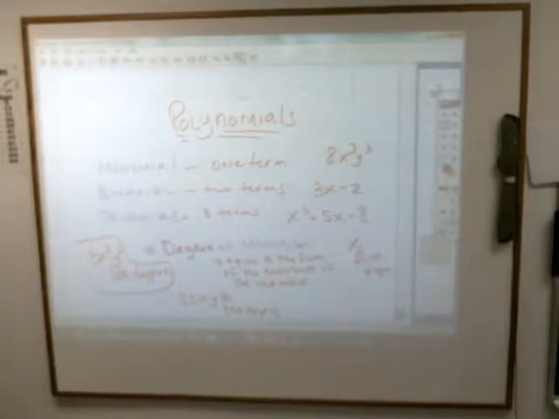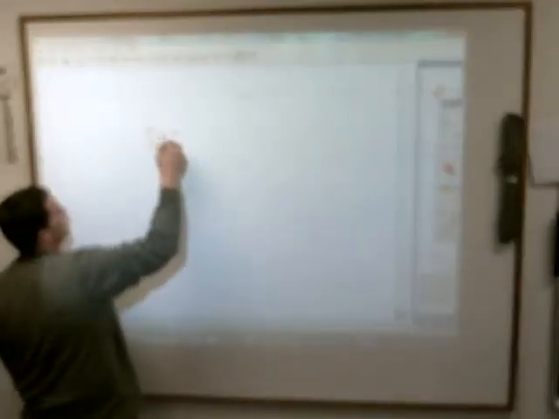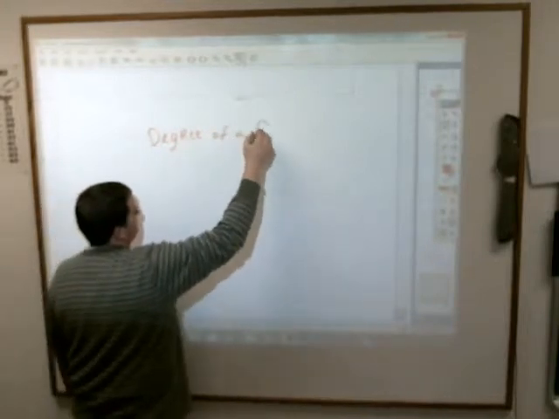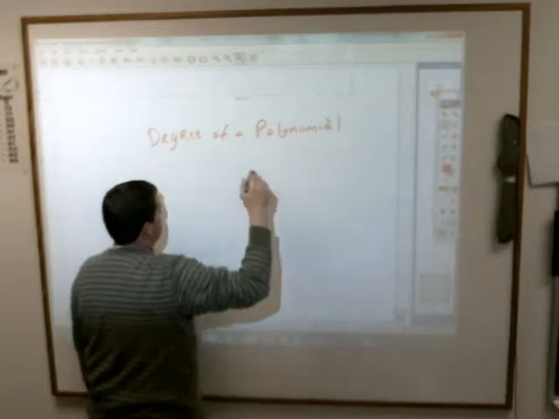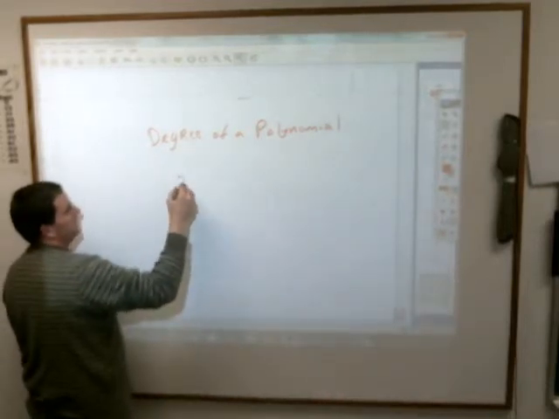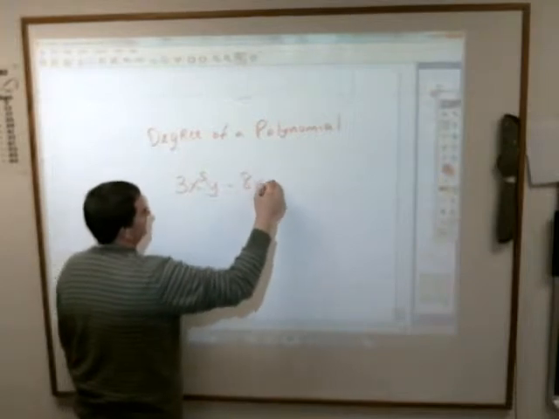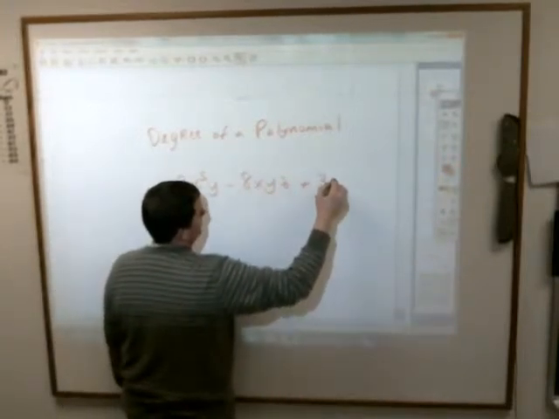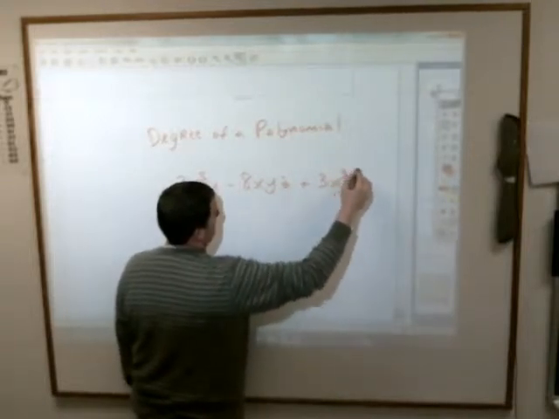Turning the page. Now, write this down. The degree of a polynomial. Let's say I give you this: 3x to the 5th y minus 8xyz plus 3x cubed y cubed.